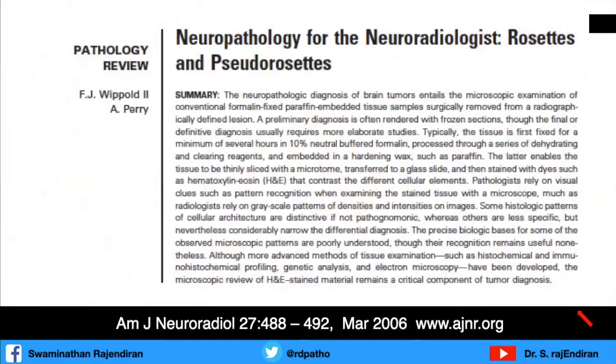And this is the beautiful reference in American Journal of Neuroradiology 2006 March, page number 488 to 492. The title is Neuropathology for the Neuroradiologists, Rosettes and Pseudo-Rosettes. It's an excellent article. Please read it.